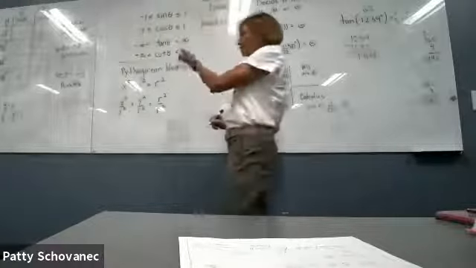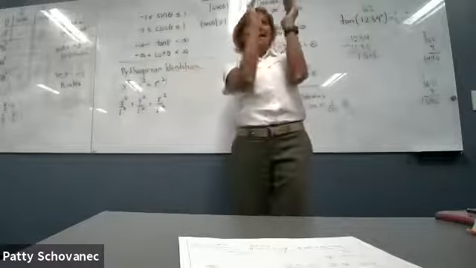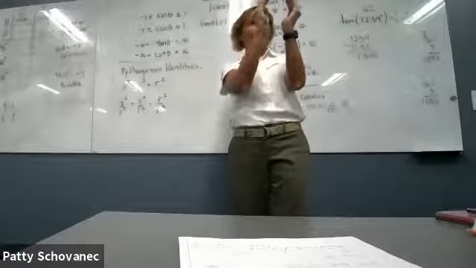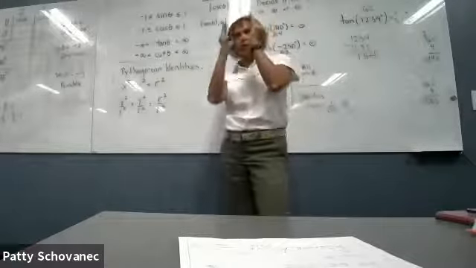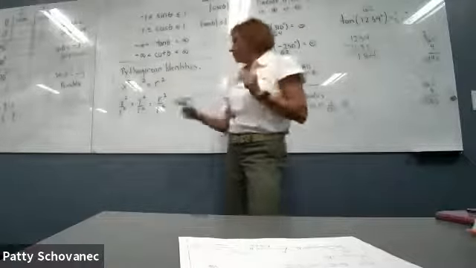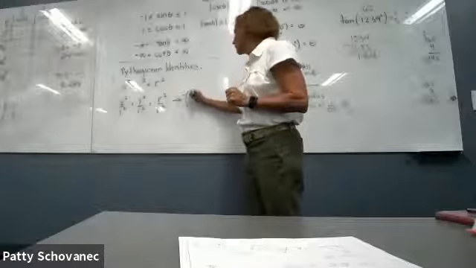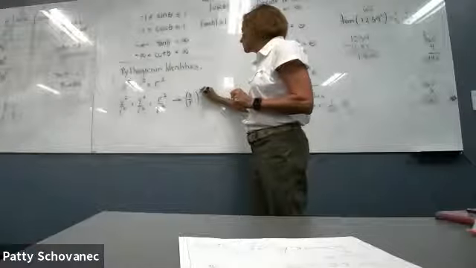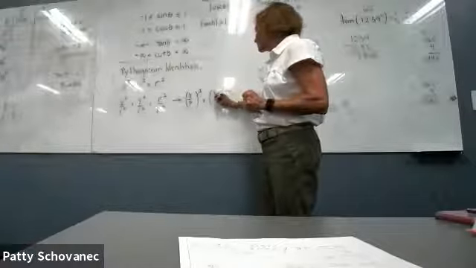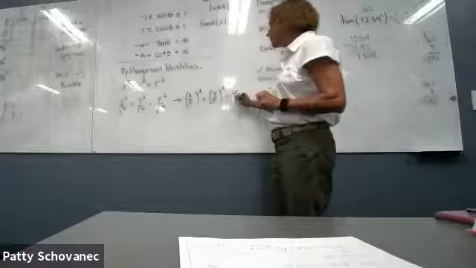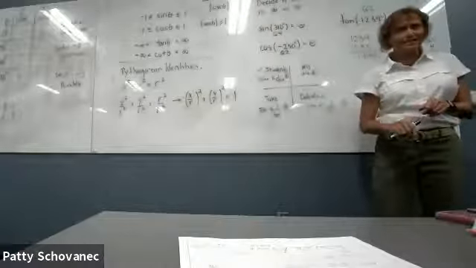And I'm going to think of x squared over r squared as x over r all squared. Y squared over r squared will be y over r all squared. And this, of course, is just 1. Which trig function is x over r?